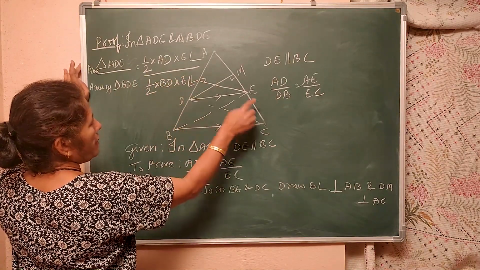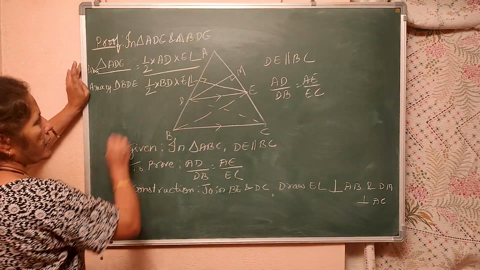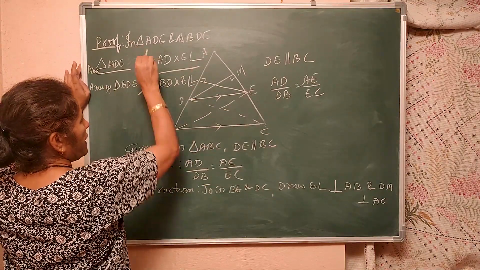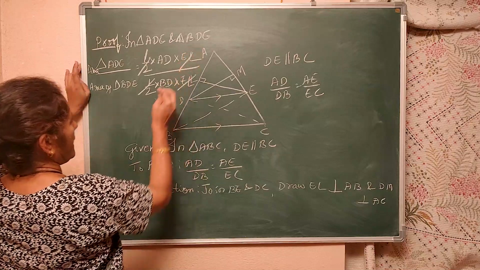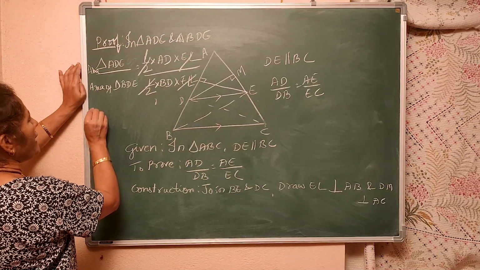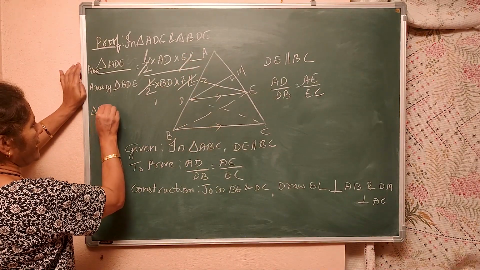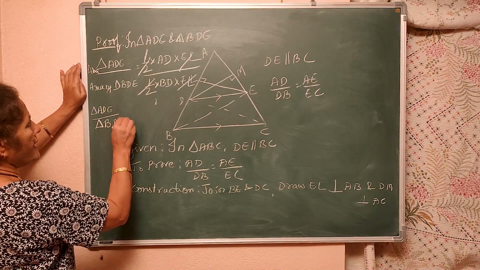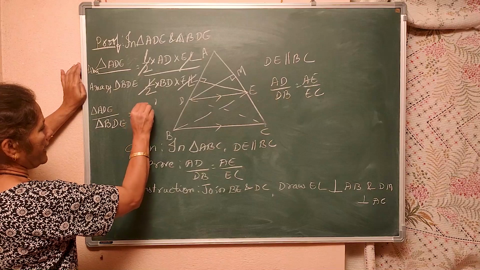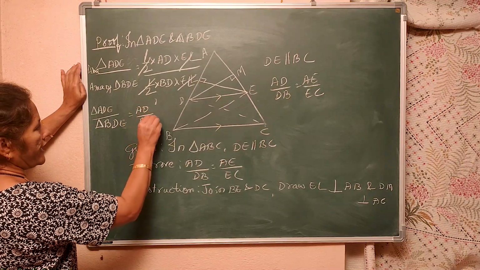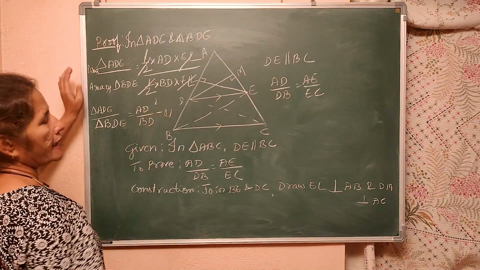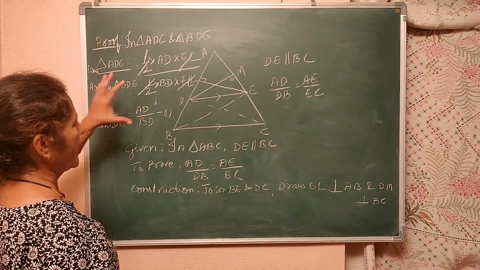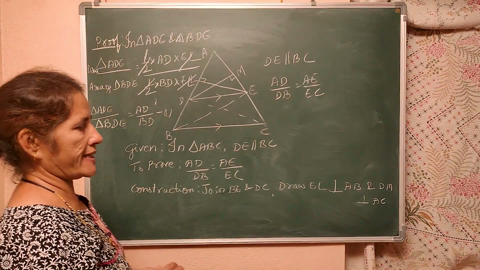Again BD into EL because it is a perpendicular to AB. So the half and EL get cancelled. So area of triangle ADE divided by area of triangle BDE is equal to AD by BD. I call it as 1. Now let me go to the next step. What is the next step?